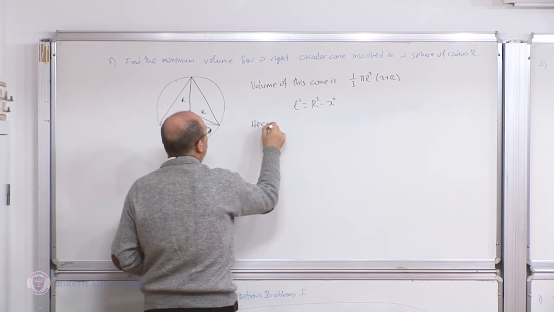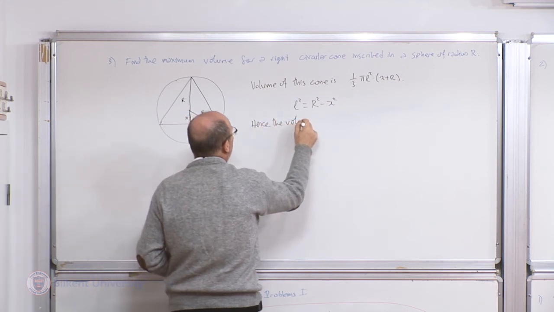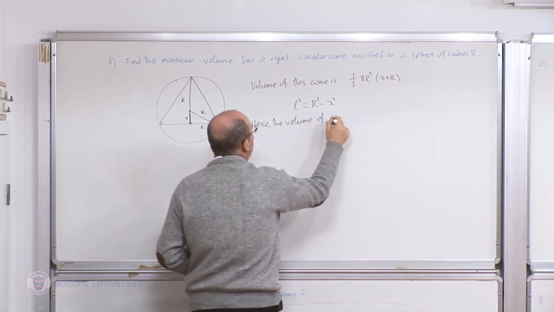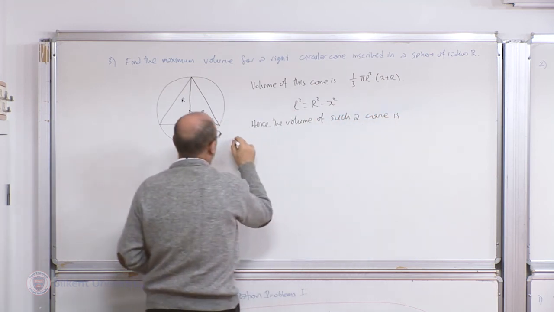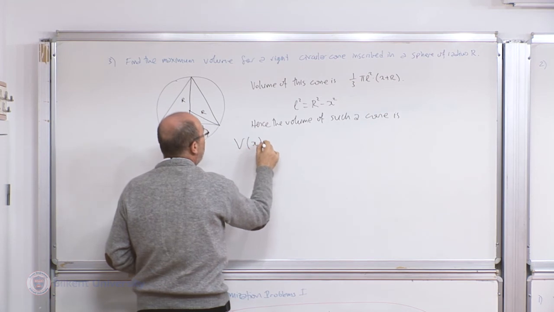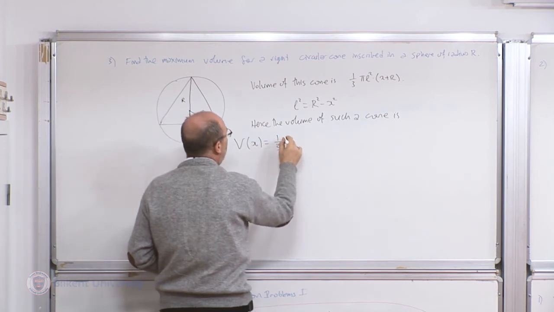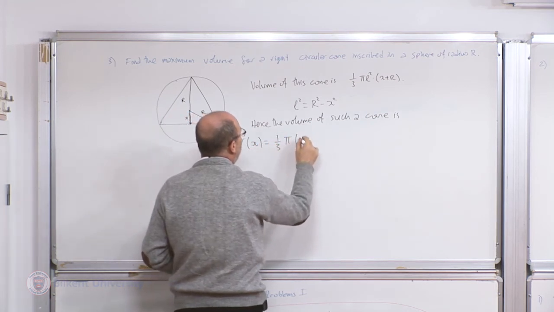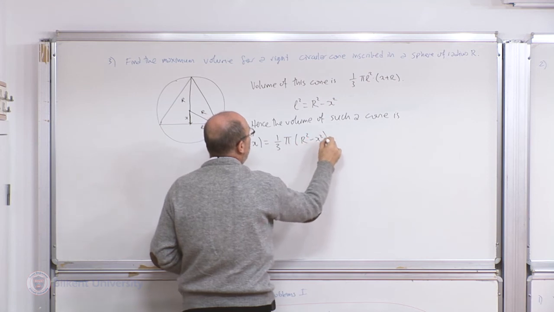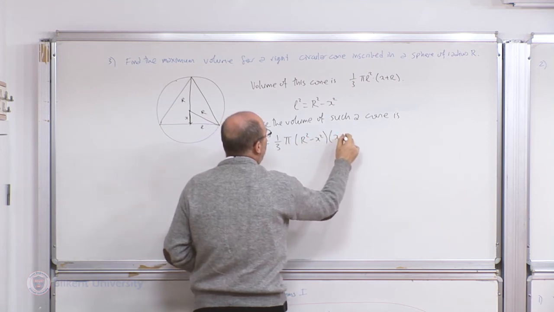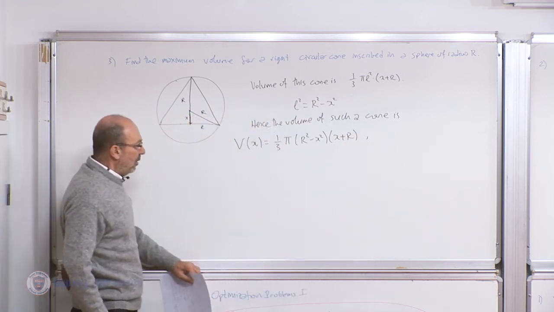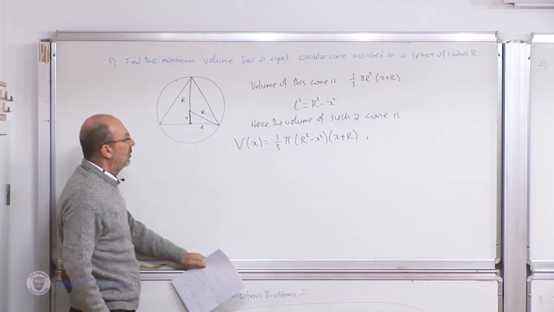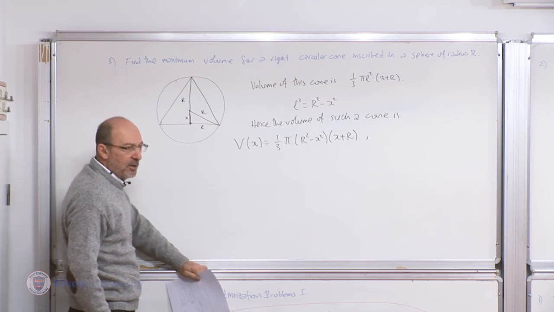Hence, the volume of such a cone is V, depending on x in my formula, 1/3 pi times (r square minus x square) times (x plus r). Now I go back to my discussion here. x is between -r and +r.